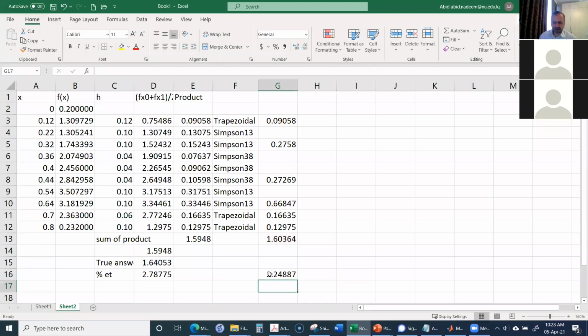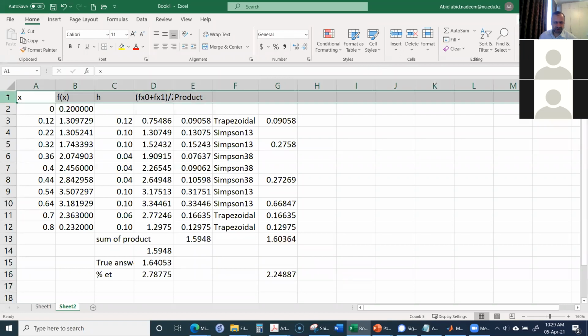So it is 2.24887. So here we have applied the mixed method. Okay.